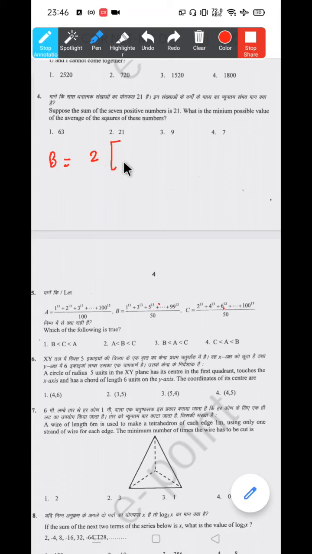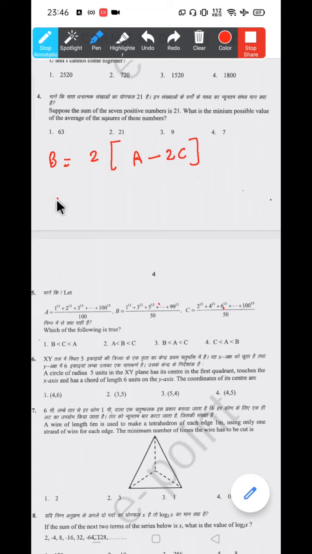So this will be all even terms, so that is actually C, correct? No, wait, A, that is upon 50 will be as it is, that will become upon 100. So we want 50, no? So we need to see it is 2C.